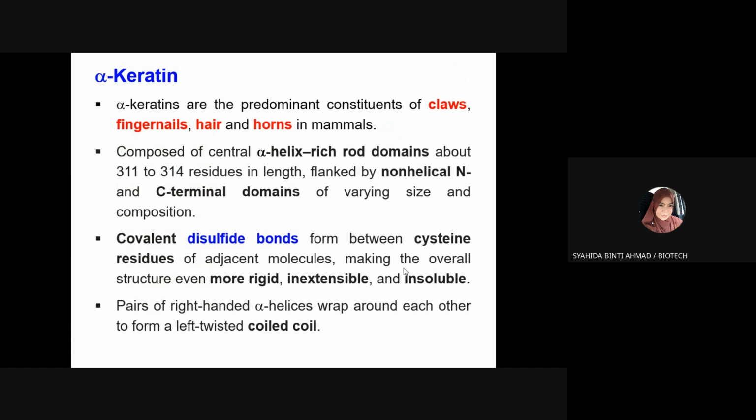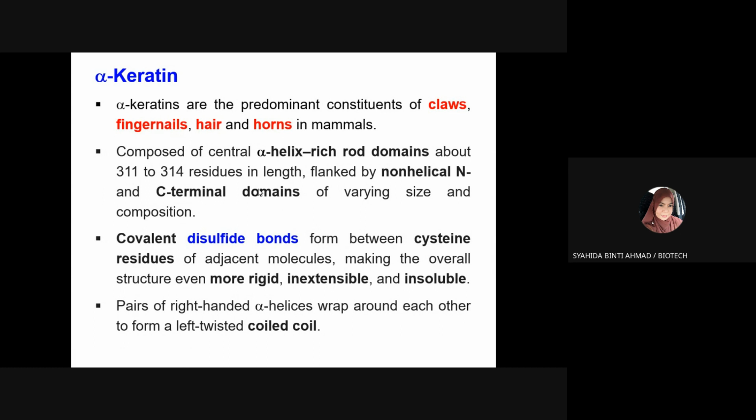And then we look at the first one, alpha keratin. So this is a tertiary structure where you can find alpha keratin in claws, fingernails, hair, and horns in mammals. They are mostly composed of alpha helix rich rod domains, usually around 311 to 340 residues, flanked by non-helical N and C terminal domains.